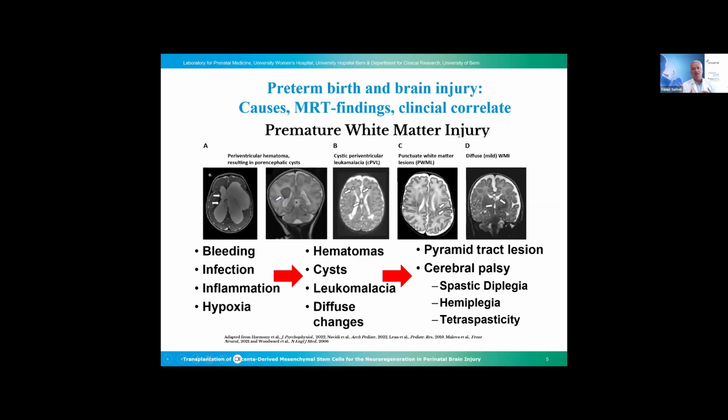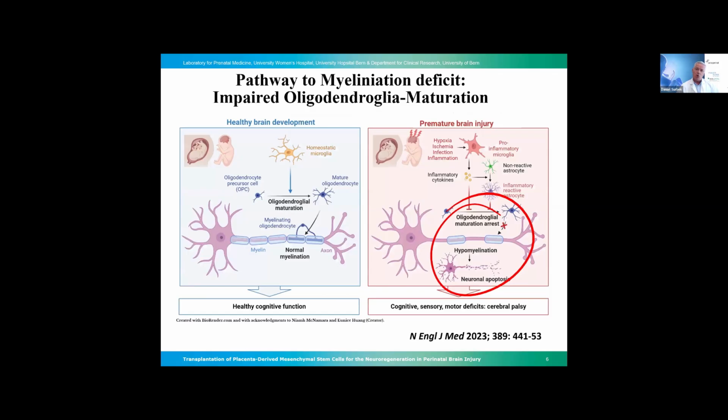And these changes might in the end result in the clinical consequences of pyramidal tract lesions, mainly leading to cerebral palsy, which can be spastic diplegia, hemiplegia, or tetraspasticity, and of course also severe cognitive and neurodevelopmental delay.